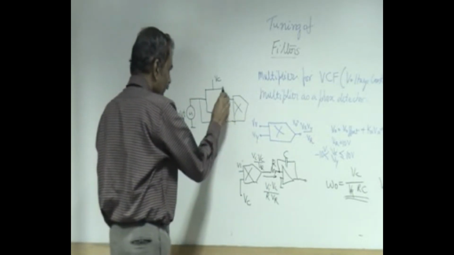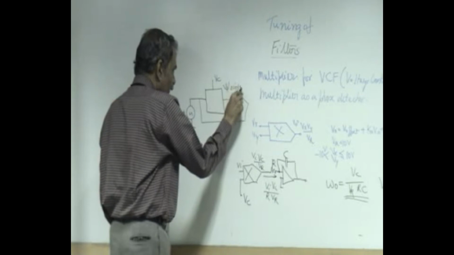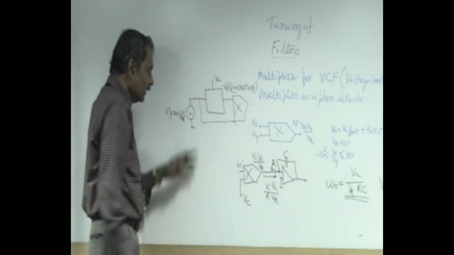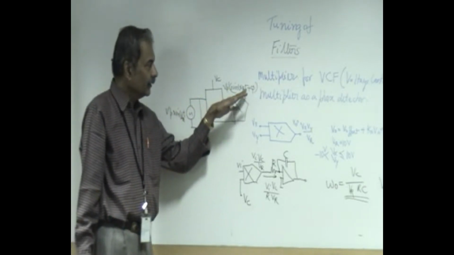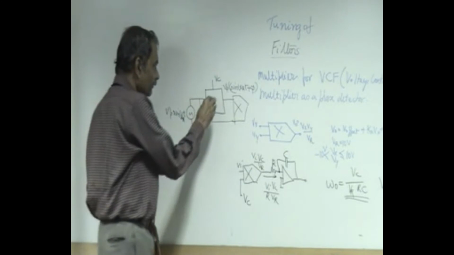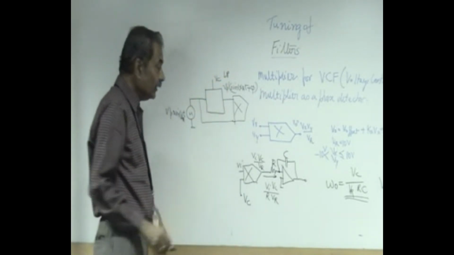The output is Vp dash sine of omega r t plus phi, because we have seen that both the magnitude and the phase change as it comes out of the filter. Let us say we have taken the low pass filter output, which we have studied.